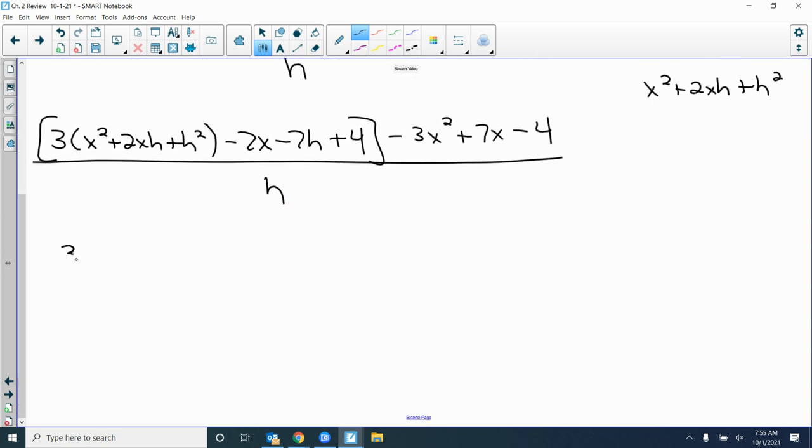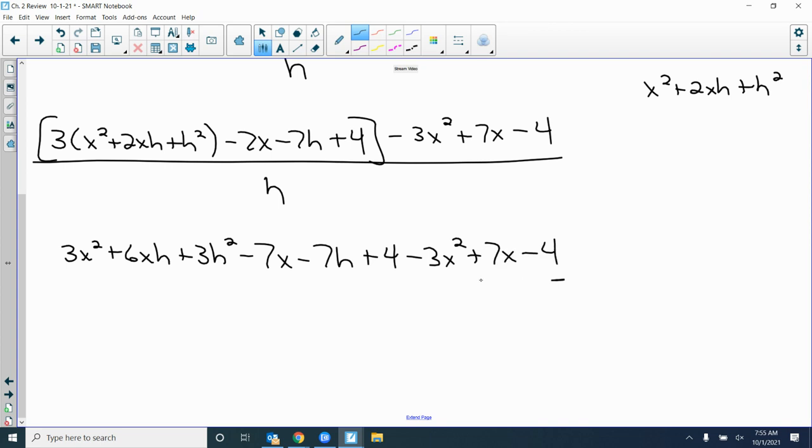That gives me 3x squared plus 6xh plus 3h squared minus 7x minus 7h plus 4 minus 3x squared plus 7x minus 4 all over h.